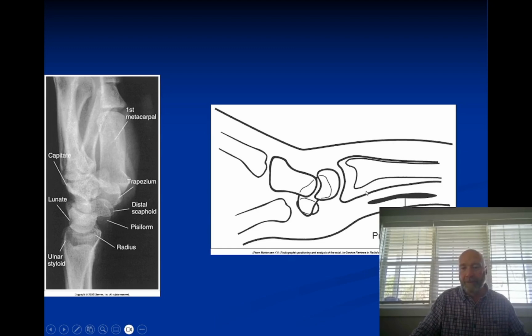And the pronator fat pad indicates, again, if it follows the contour of the anatomy, chances are no fracture. But if it bows out and away from the anatomy, that's a good indication we've got a fracture. So over here, you see that half moon appearance, and we've got superimposition between the pisiform and the scaphoid. And it looks like on this one, we've got a slight amount of supination as well.